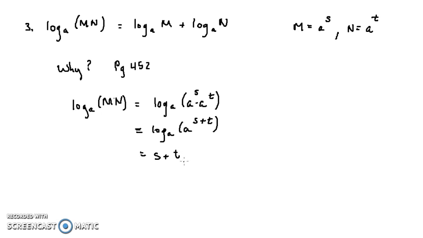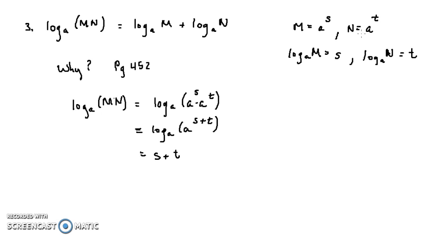But what is s and what is t? Well, we've got to come back up here. If we want to know what s is, we need to change this to log form. The base is a, the exponent is s, so we've got log base a of m is equal to s. Doing the same thing over here, log base a of n is equal to t.